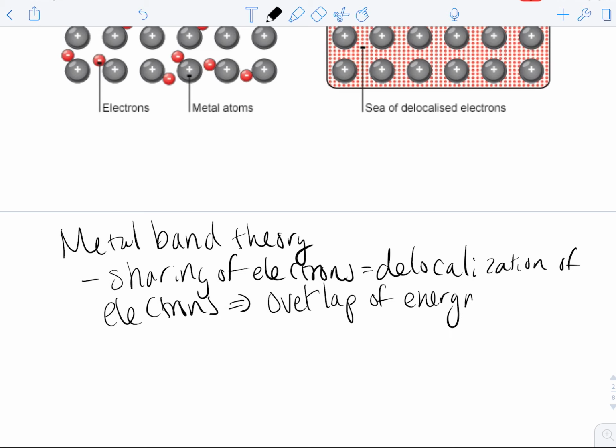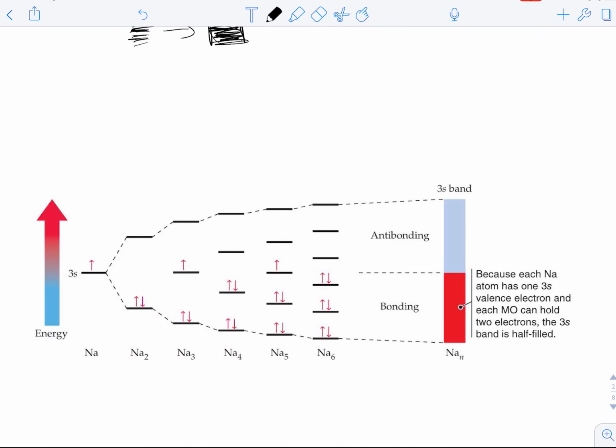And when those energy levels overlap, so we have one, and then we have another, and then another, and another, and as they overlap more and more, we get to a point where we form a band of energy levels. And that is what we see in a metal.